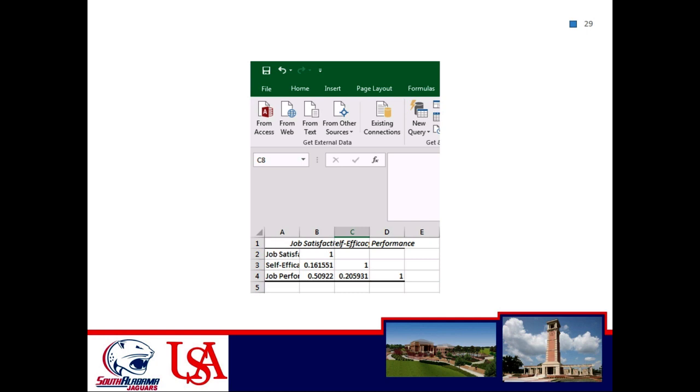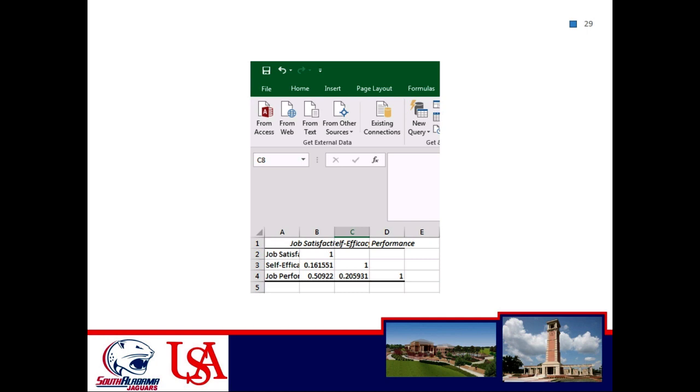The next one, we see the number is 0.16. And this is the correlation between job satisfaction and self-efficacy. We get that because that's where the column of job satisfaction intersects with the row of self-efficacy. So we would say that the correlation between job satisfaction and self-efficacy is 0.16.